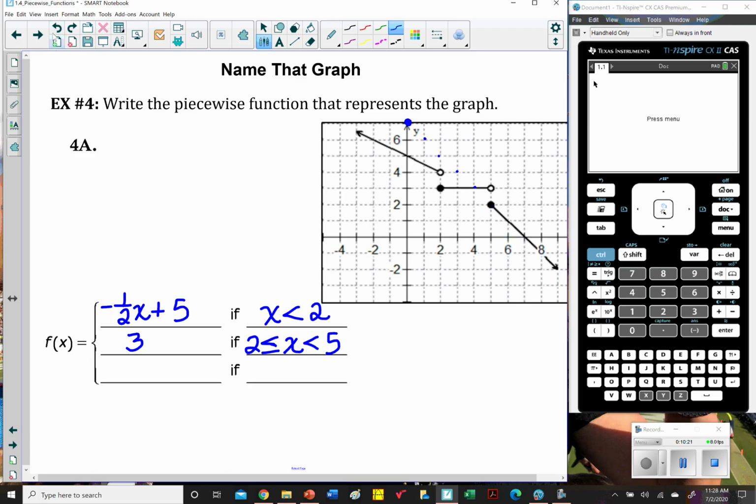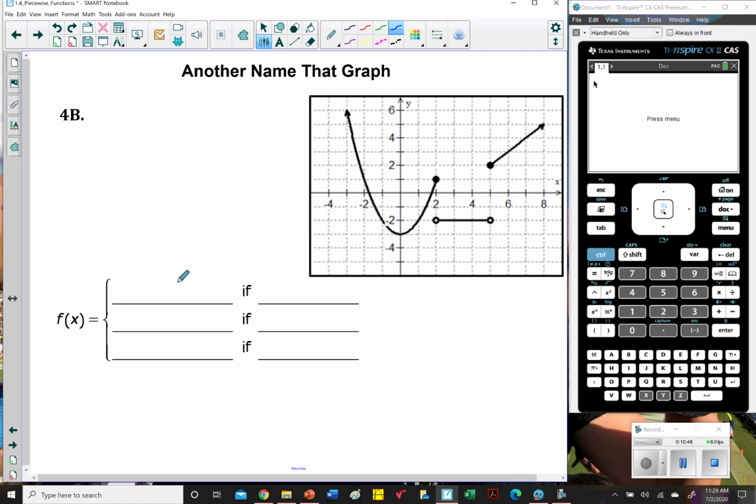So our equation for that third piece is 7 minus x, or -x plus 7, whichever way you want to write it. We're closed at 5, so the x values would be greater than or equal to 5 on our subdomain. And you could either write your equation this way or this way. That's up to you. Part B is for you to try.